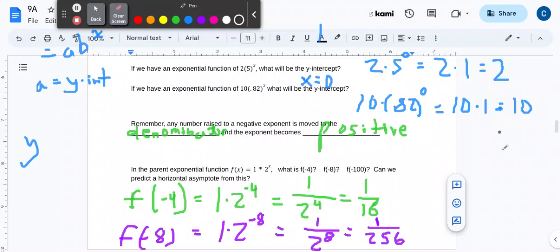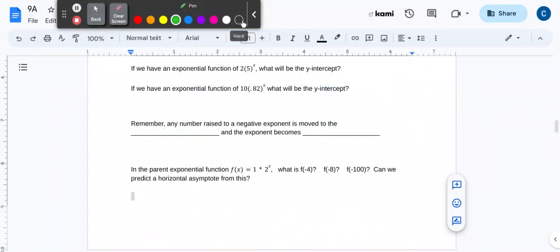All right. If we were to sketch this out, here's the graph right there. Our y-intercept is at 1. And we know the graph comes up like this, and comes down this way. It's messy, so let's redraw this.